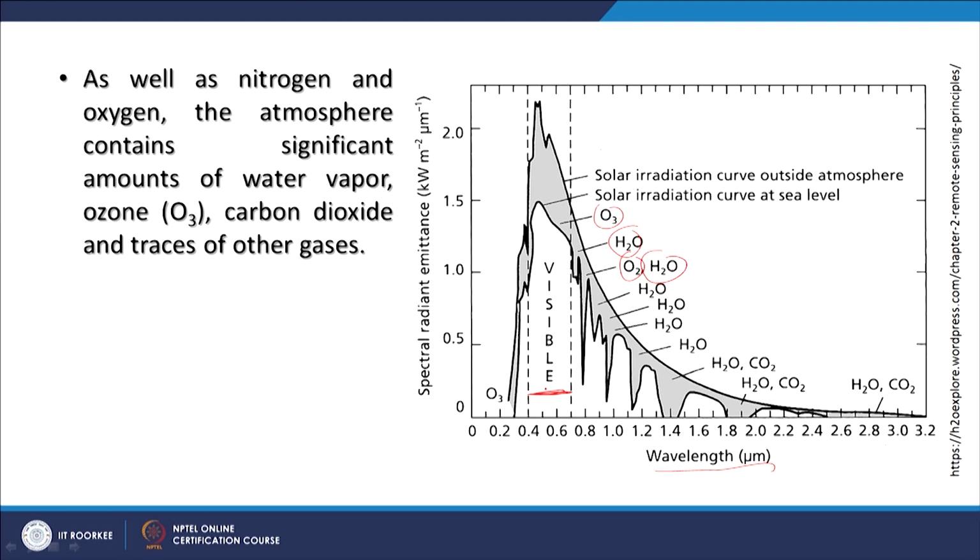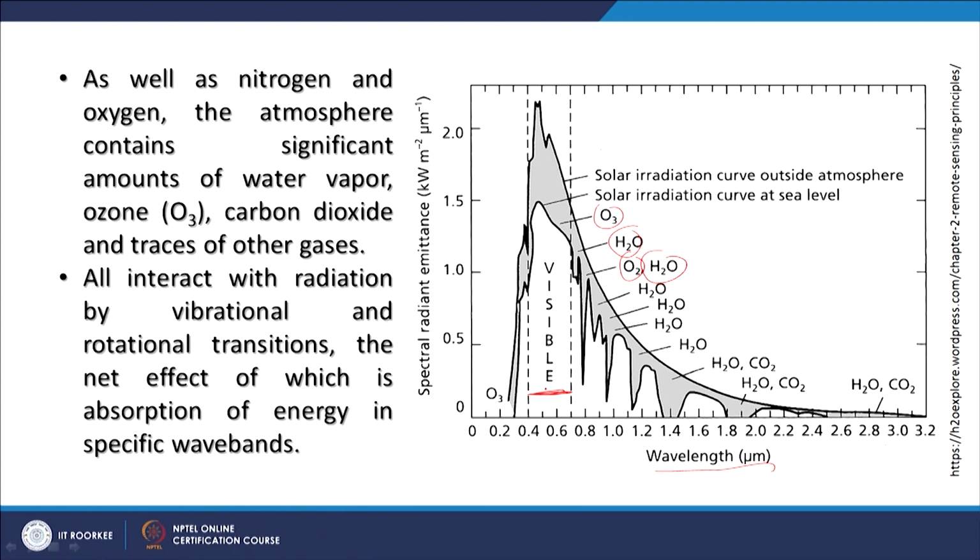So nitrogen, oxygen, ozone, and carbon dioxide are present in the atmosphere. So many of these gases will absorb and may not provide a clear remote sensing image.